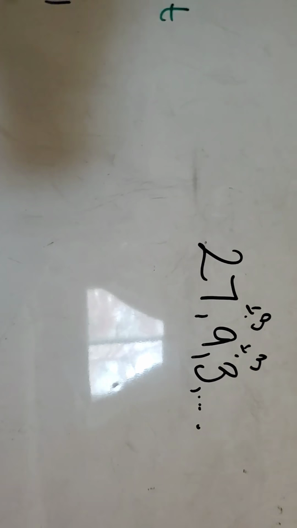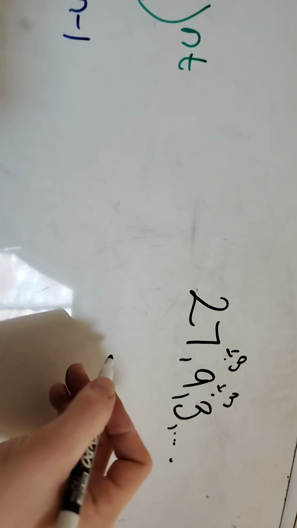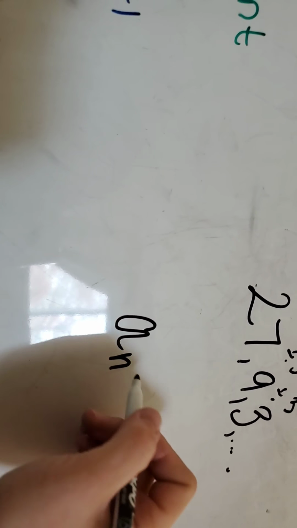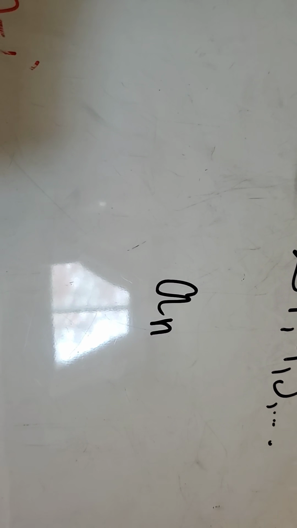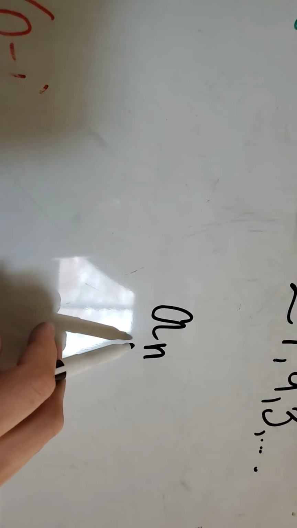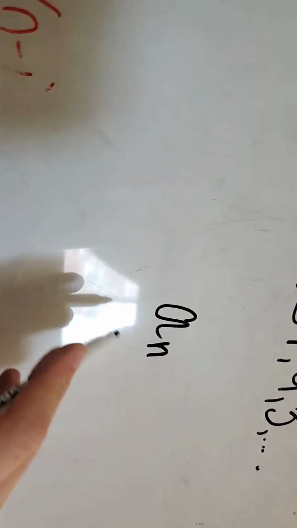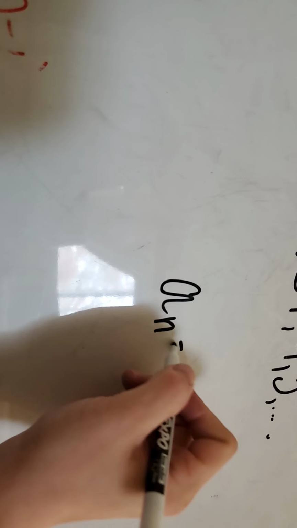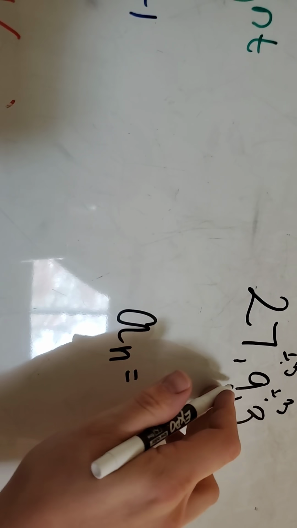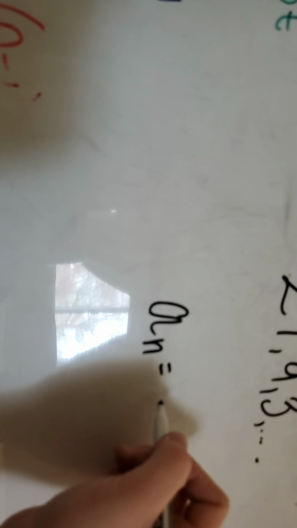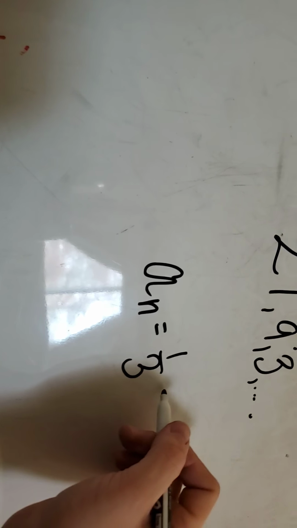Okay, so how do I write this? Well, it wants us to think about the relationship that the term we're looking for has with the term before it. So every term that we're on is the term before it divided by 3, or multiplied by 1/3.